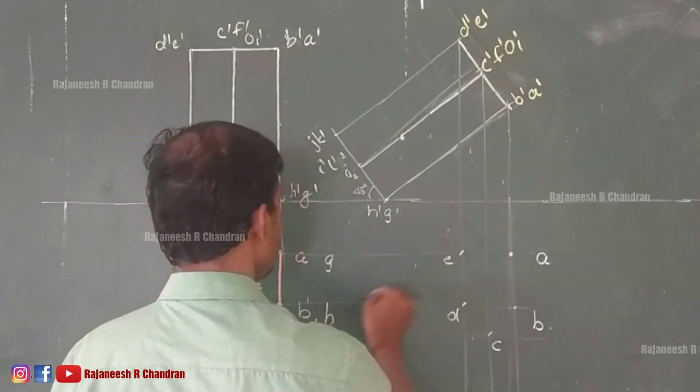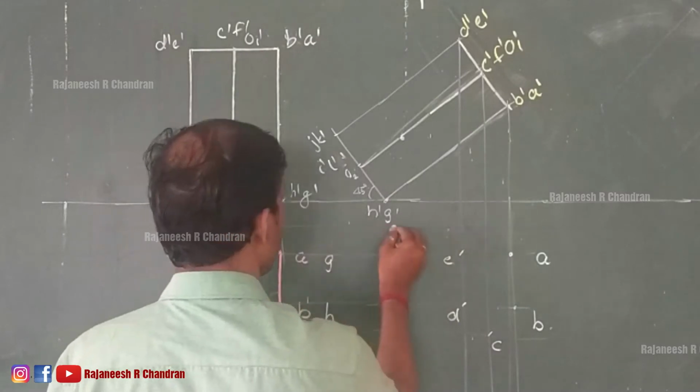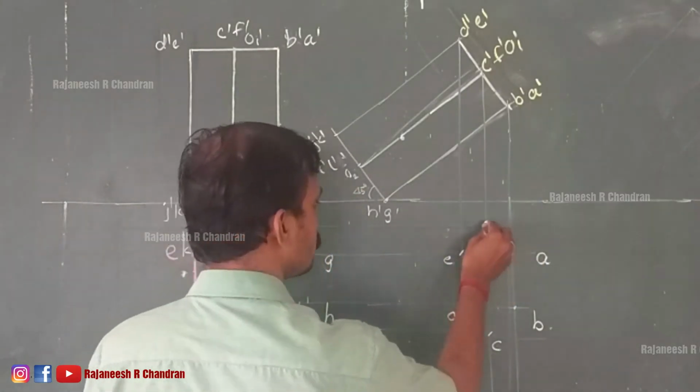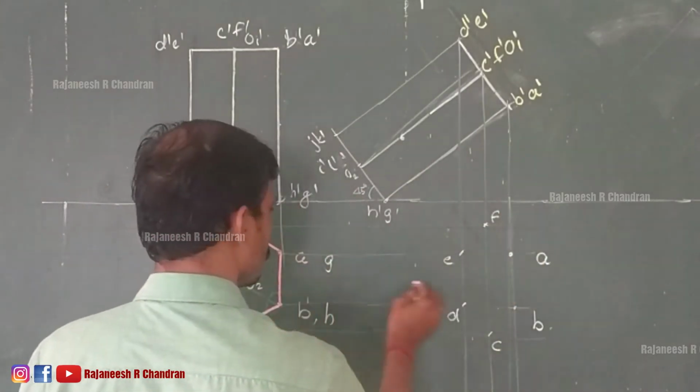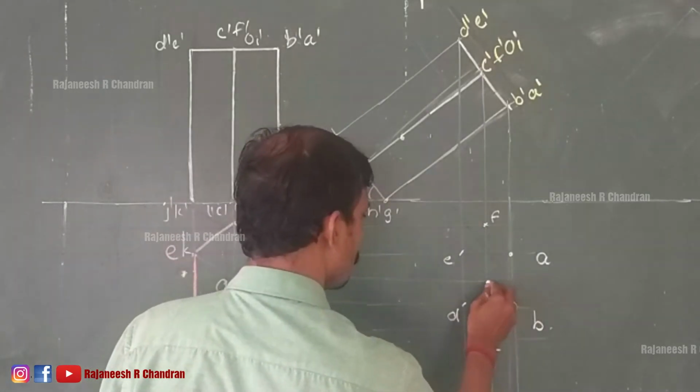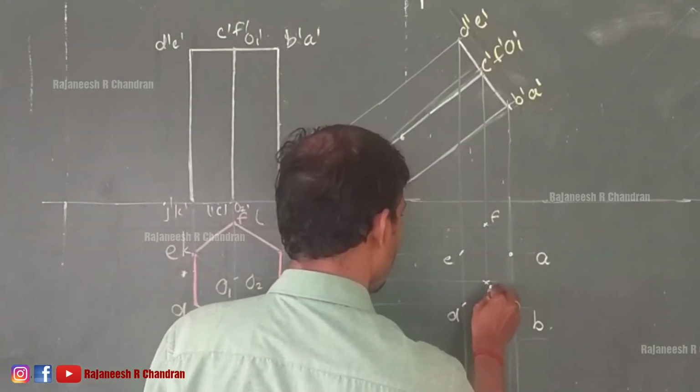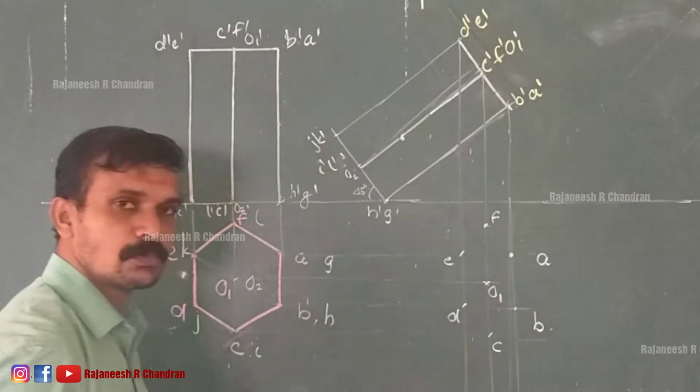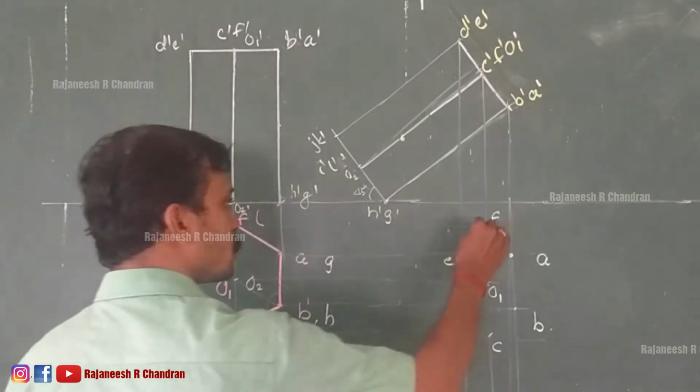This will be E, here it will be F. We have also obtained the O1 point.